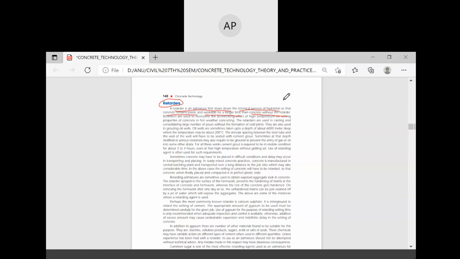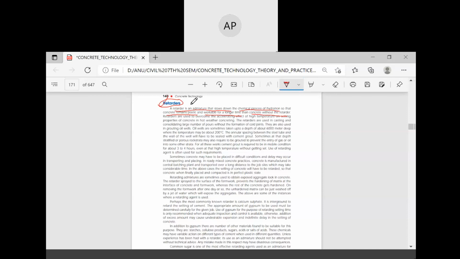Retarder is that type of admixture after application of which we can use that concrete for a longer period of time. That means it will not attain early strength. It will not harden. Okay, it will harden, but in a slow process. So if you add retarders, it will give better workability for a longer time compared to concrete without retarder.